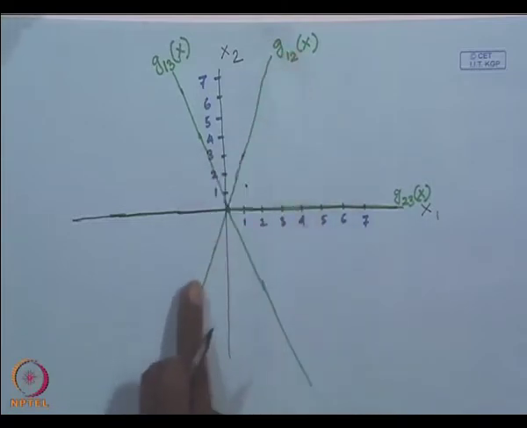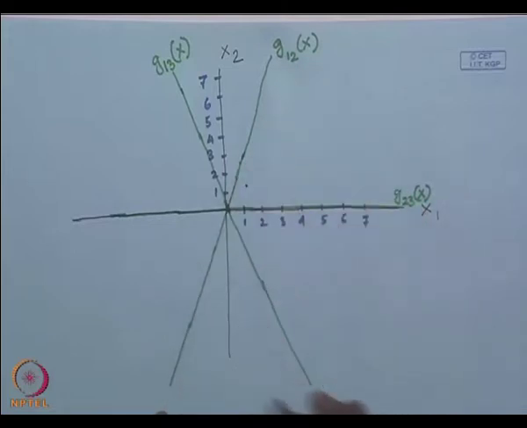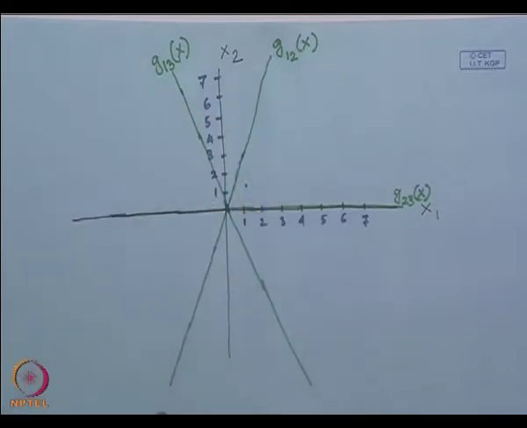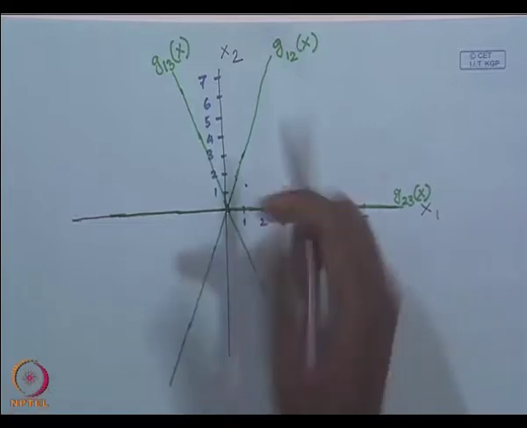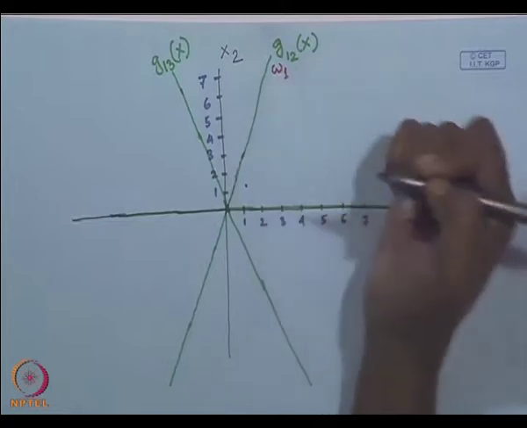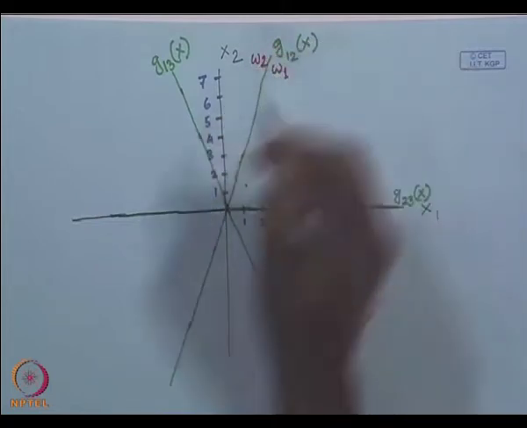So, this G12 x, as it divides this two dimensional space into two half spaces, this side of the space is positive and the other side is negative, which means that when I go for classification, this side of the decision boundary is omega 1 and this side of the decision boundary is omega 2.